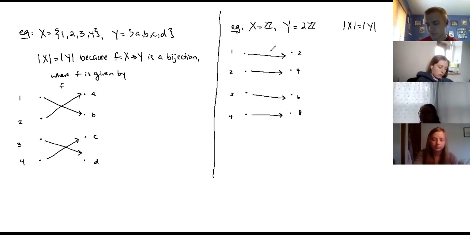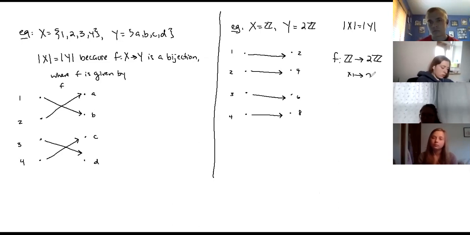that is a bijection. So my function is going to go from the integers to the even integers. I am going to take as input a little x based on my arrow diagram here. I'm sending 1 to 2, 2 to 4, 3 to 6, 4 to 8.